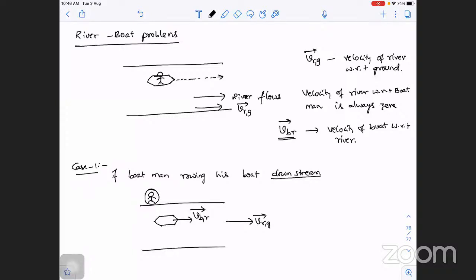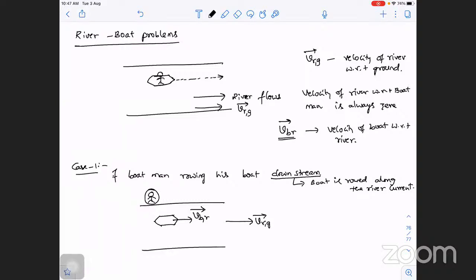Downstream means the boat is moving along the river, along the river current. You can write it down if you want. River current means river speed.